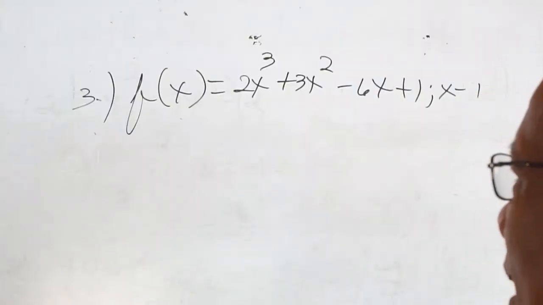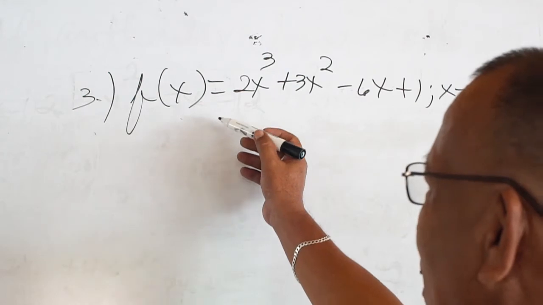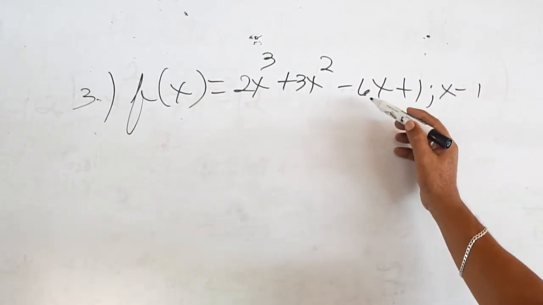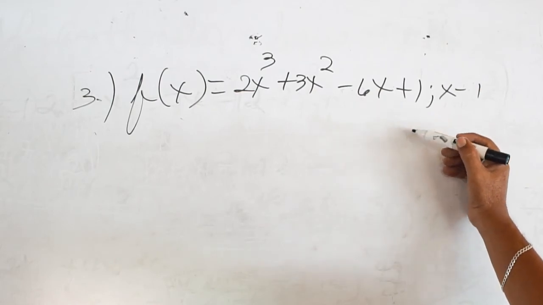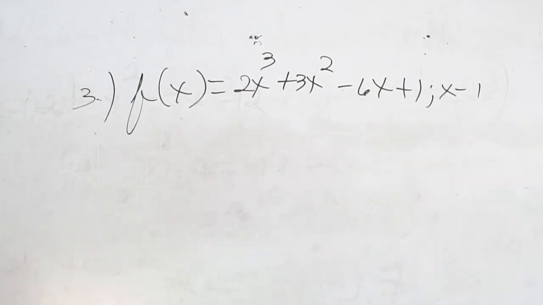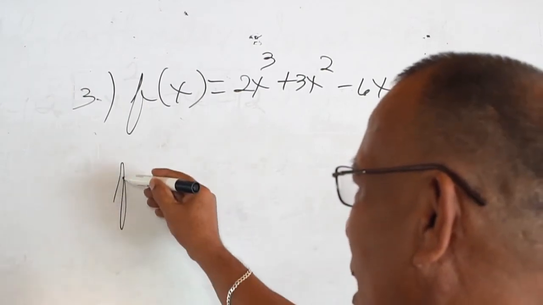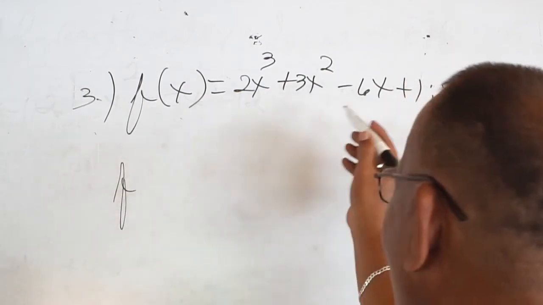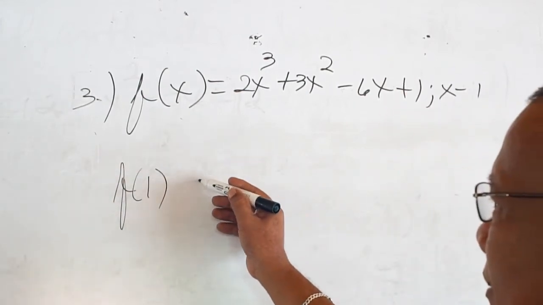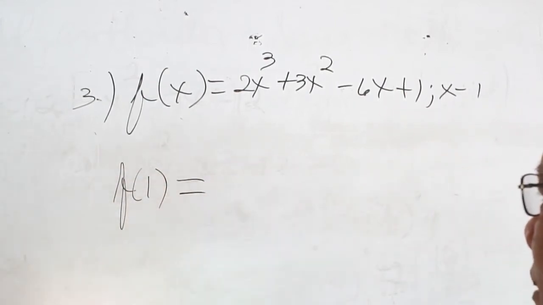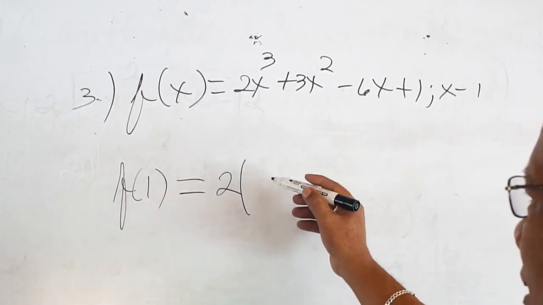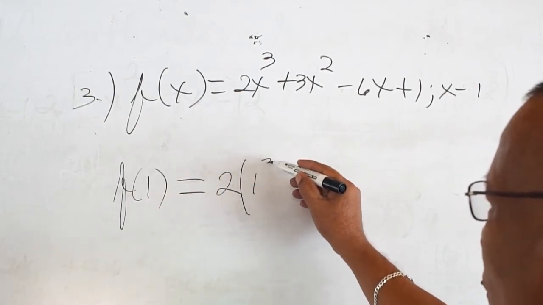For example number 3, f of x equals x cubed positive 3x squared negative 6x then positive 1. If x is negative 1, then we have f of negative 1 is equal to positive 1. Then equals, the value of x is 1 cubed.